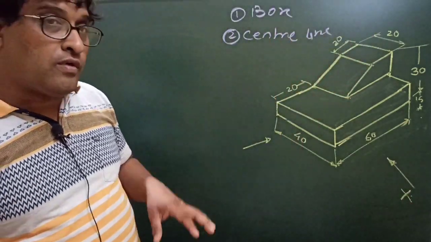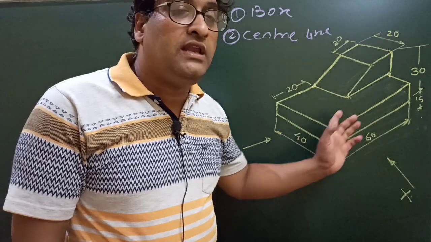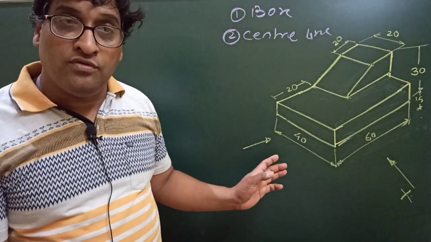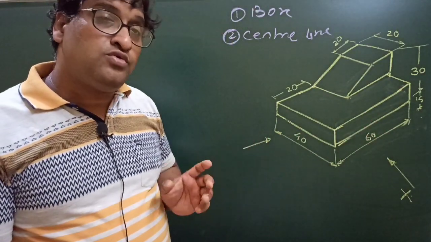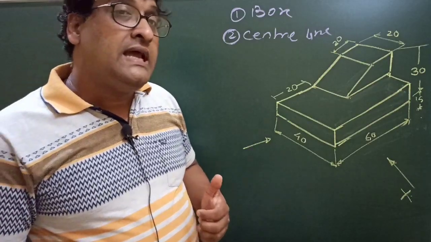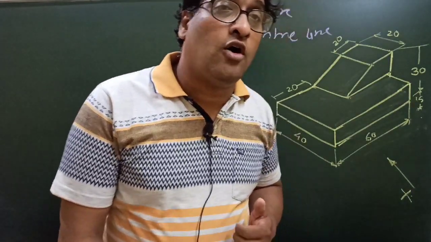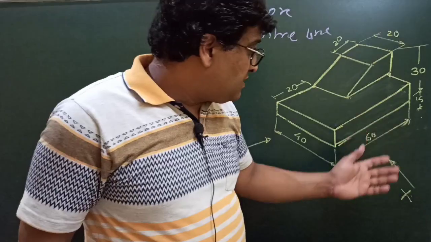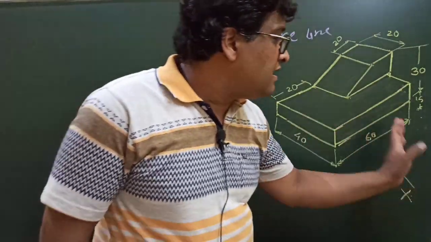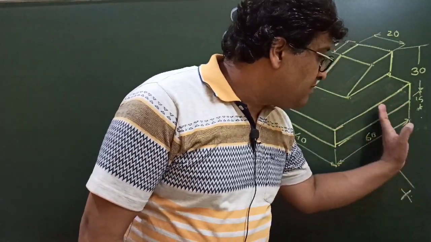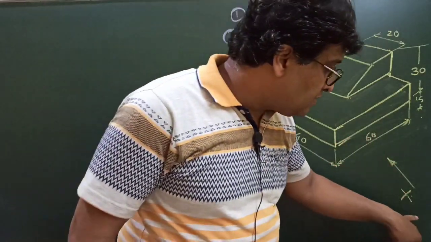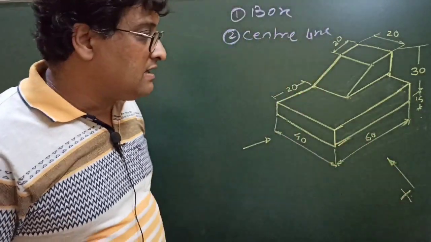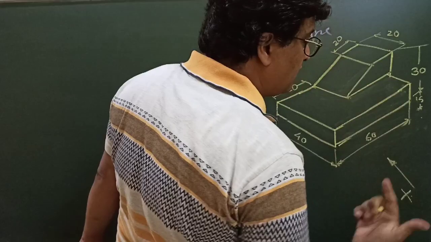Even if it is not provided, you can assume any one of the directions as front view, but remember you have to choose that direction in which maximum details of the object are provided. In this particular problem, both directions are equally good, but this has to be taken because capital X is given here. So this is the direction of front view.